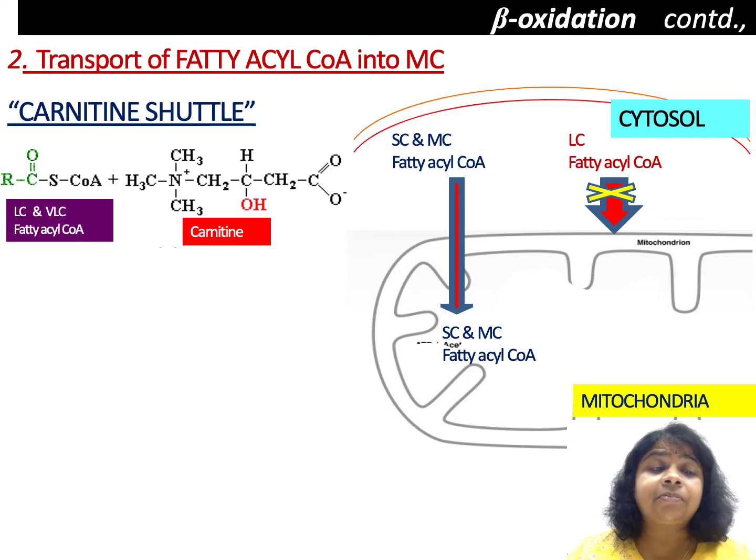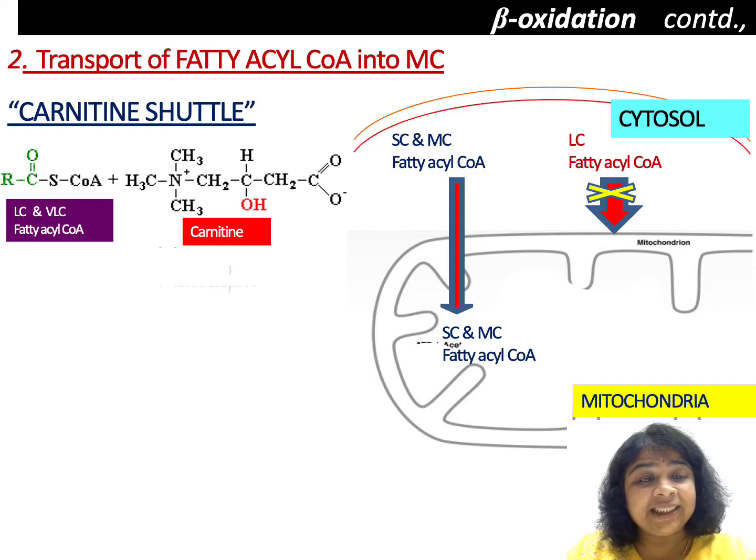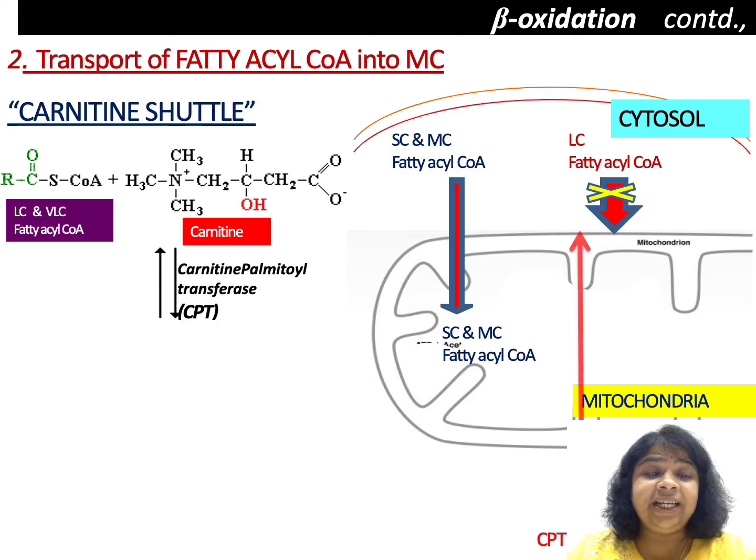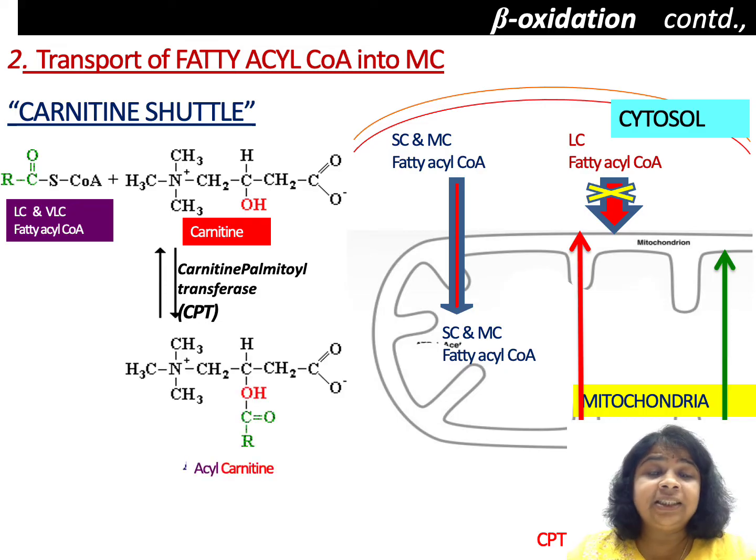So here the activated fatty acid, that is acyl CoA, condenses with carnitine and the coenzyme A is released and it forms acyl carnitine. The enzyme for this step is carnitine acyl transferase if you are not referring to any particular fatty acid, but if we are referring to palmitic acid, which is the most commonly synthesized fatty acid and which we are taking as an example for oxidation, then it is carnitine palmitoyl transferase.